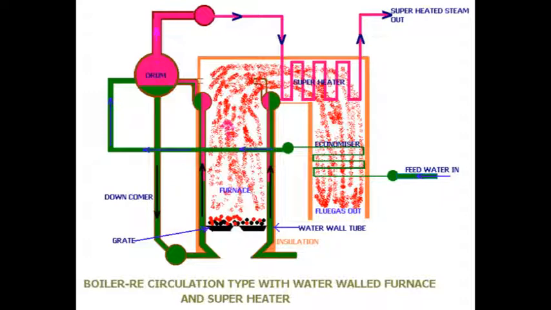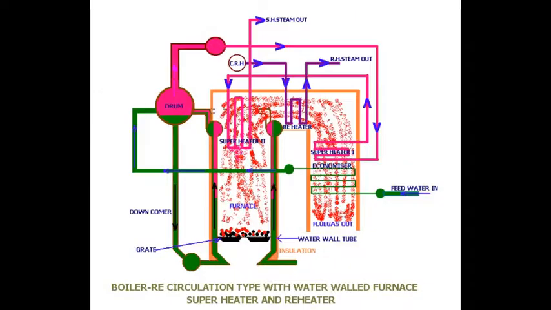Besides that, depending upon the requirement, it was observed that the fuel which was usually burned at the bottom of the furnace on a travelling grate was not getting completely combusted, and there was loss of fuel energy with the ash.